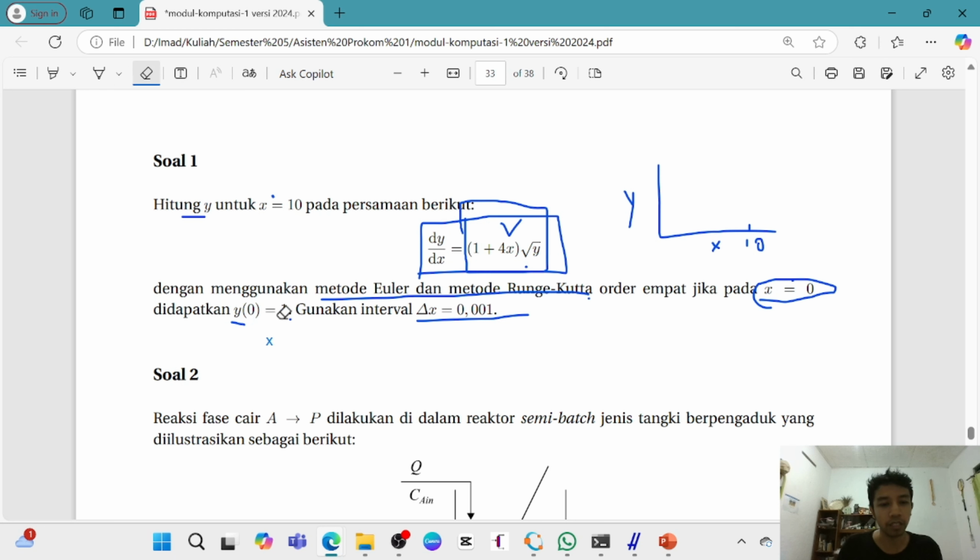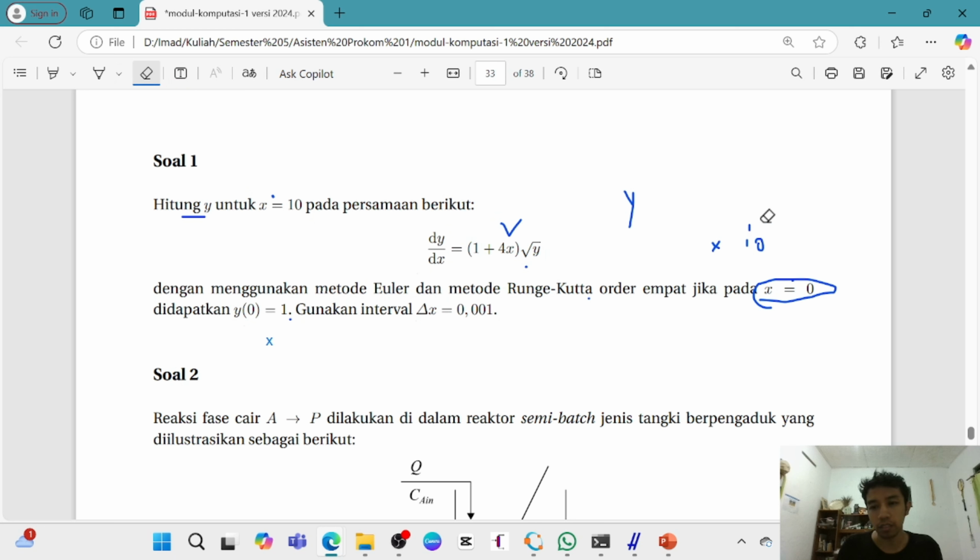We calculate the y for x equals 10, the final x.